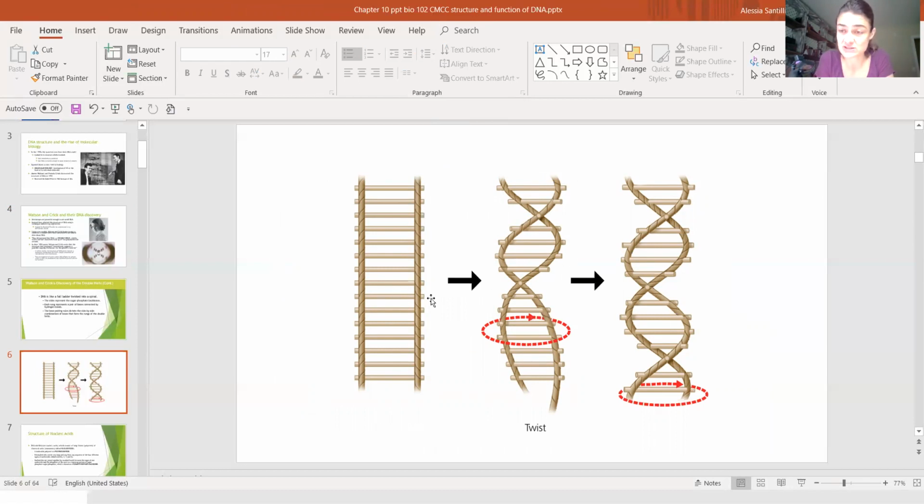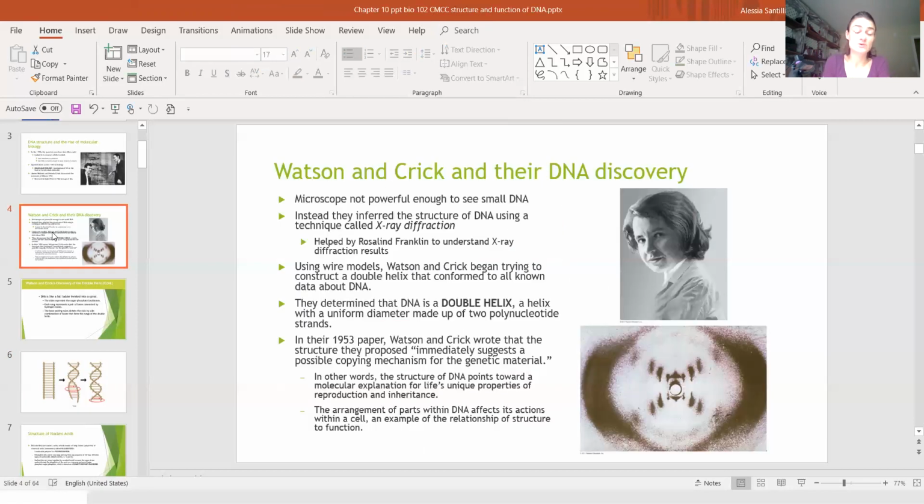These two strands are connected to each other, and we'll see how they're connected later on. It wraps around itself and forms this helix, so it twists. And that's basically what they were saying, that the DNA is a double helix. And they also went into the actual structure of the subunits or the building blocks of DNA, and we'll get to that in just a second.